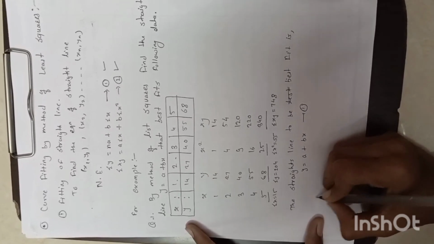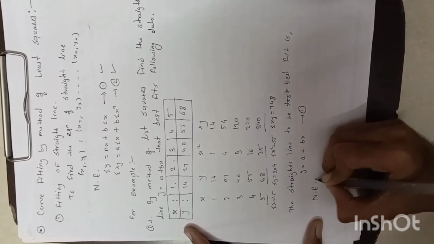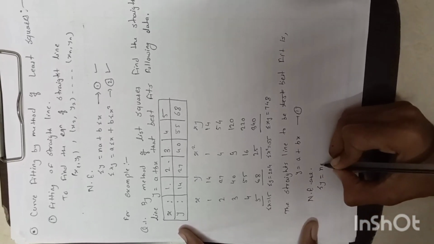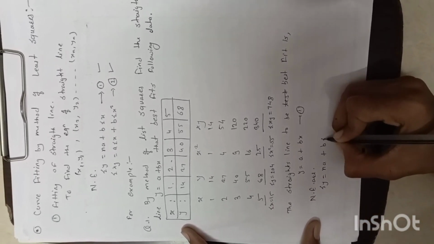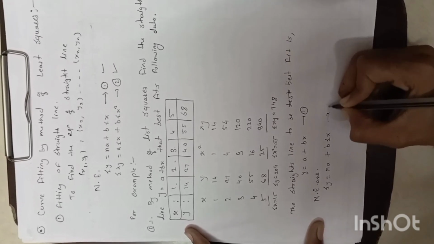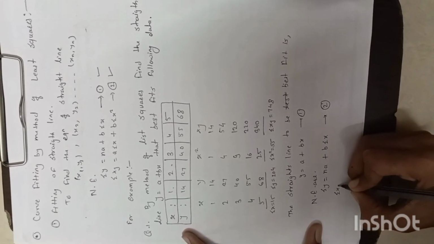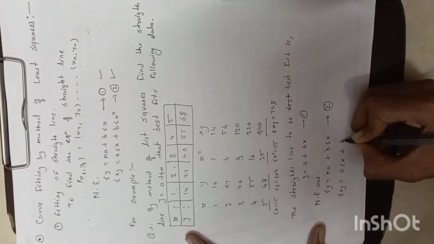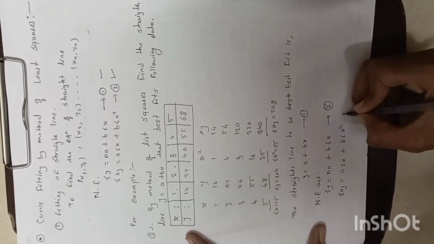This is equation 1, and the normal equations are: summation y is equal to na plus b summation x, which is equation 2, and summation xy is equal to a summation x plus b summation x square. This is equation number 3.